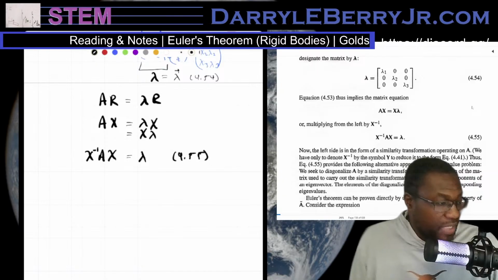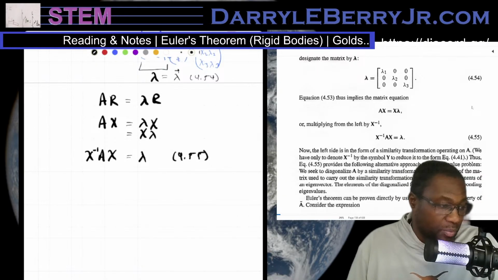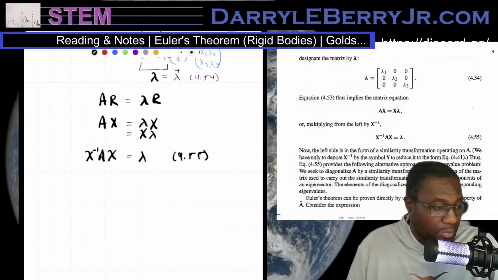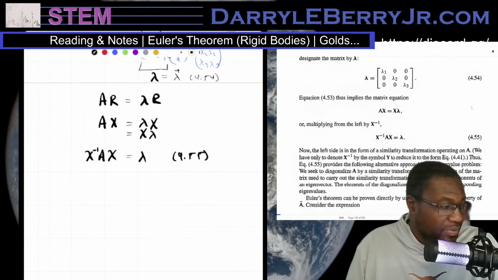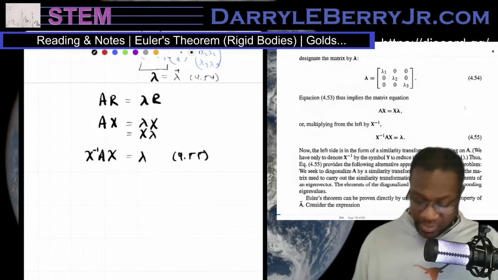Thus, equation 4.55 provides the following alternative approach to the eigenvalue problem. We seek to diagonalize A by a similarity transformation.